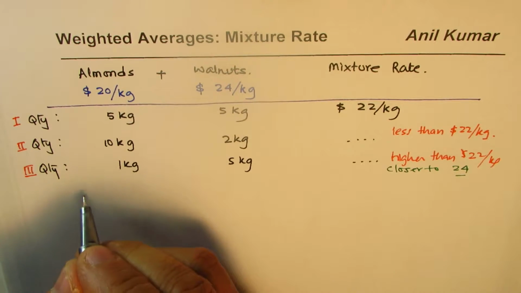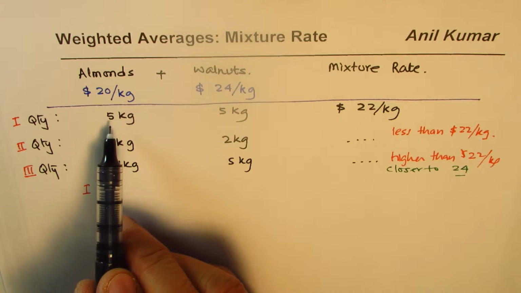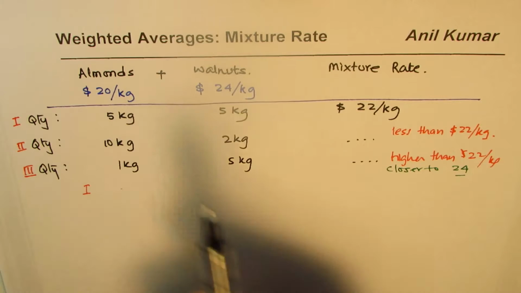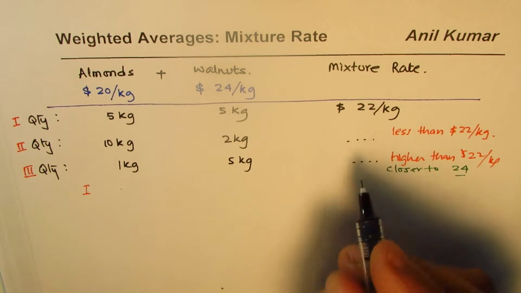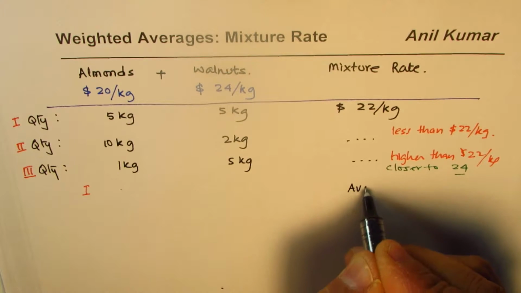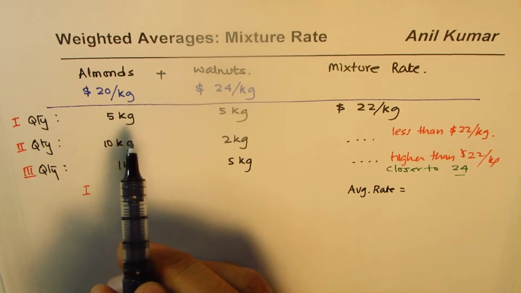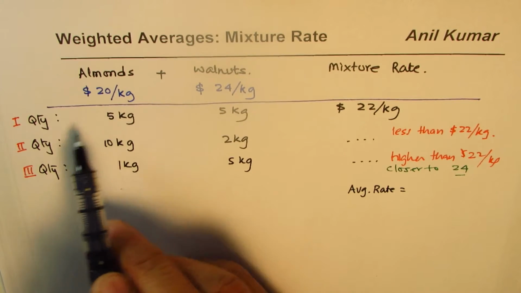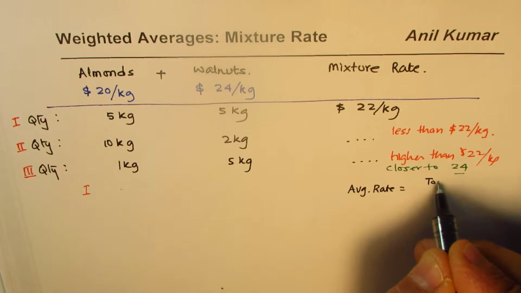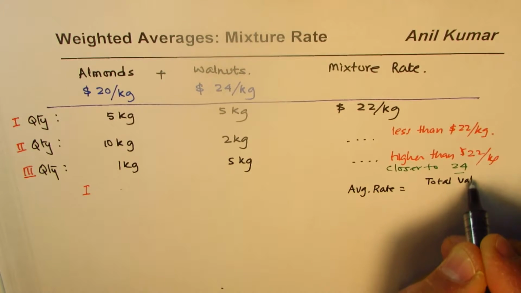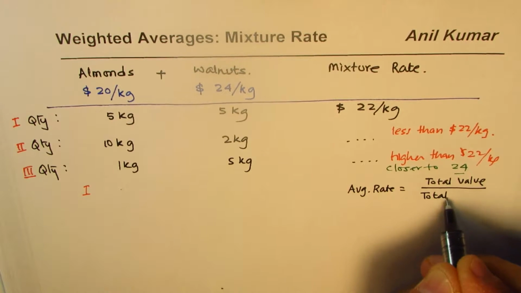Okay, so let's do case 1 now. We have quantity and rate. Let me write down the formula for average also. When we say average rate, what we do is multiply rates with quantity to get the value. It is total value divided by total quantity.